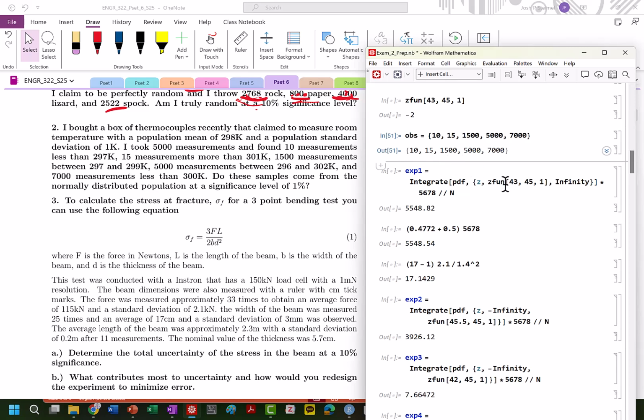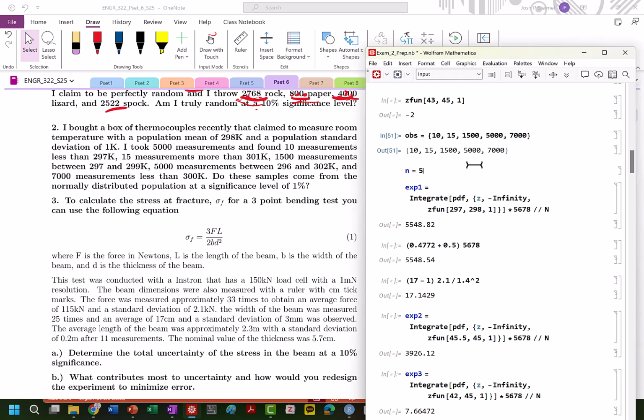So those are observed. Expected, a mean of 298, a standard deviation of 1. So now 10 measurements less than 297, and we're going to go from minus infinity to that z value, and our n is going to be equal to 5,000 measurements.